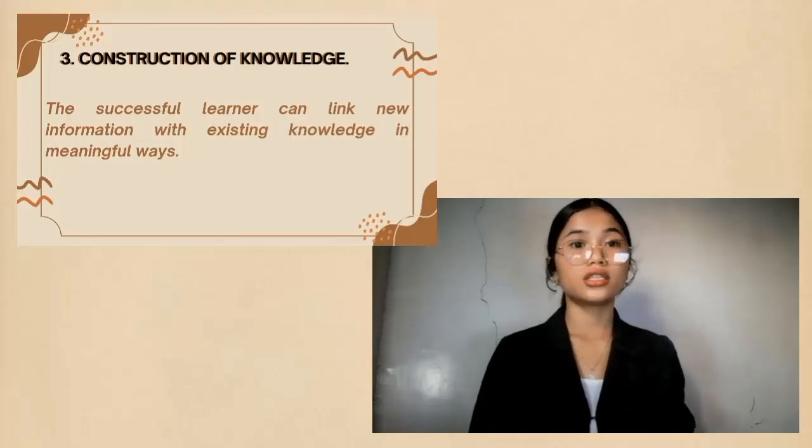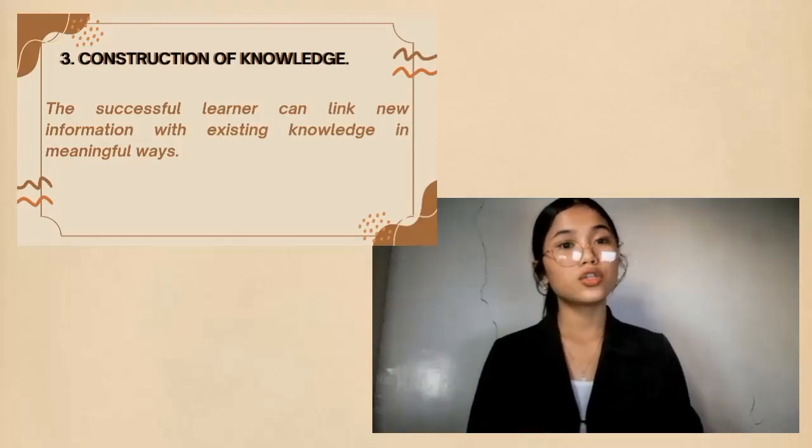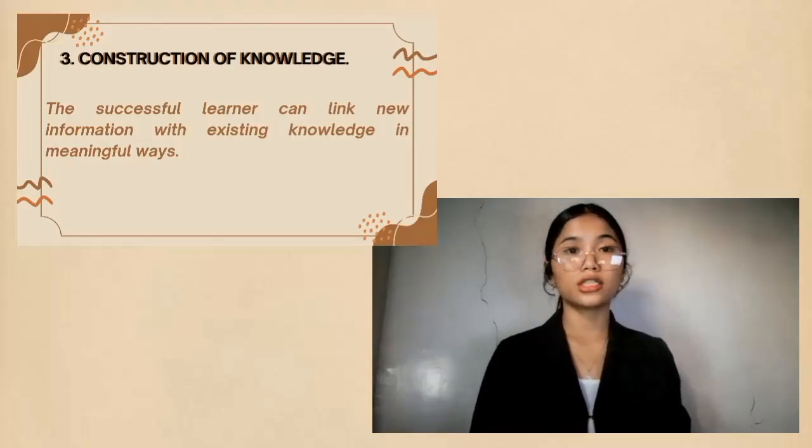Construction of knowledge: the successful learner can link new information with existing knowledge in meaningful ways. The nature of these links can take a variety of forms, such as adding to, modifying, or reorganizing existing knowledge or skills.